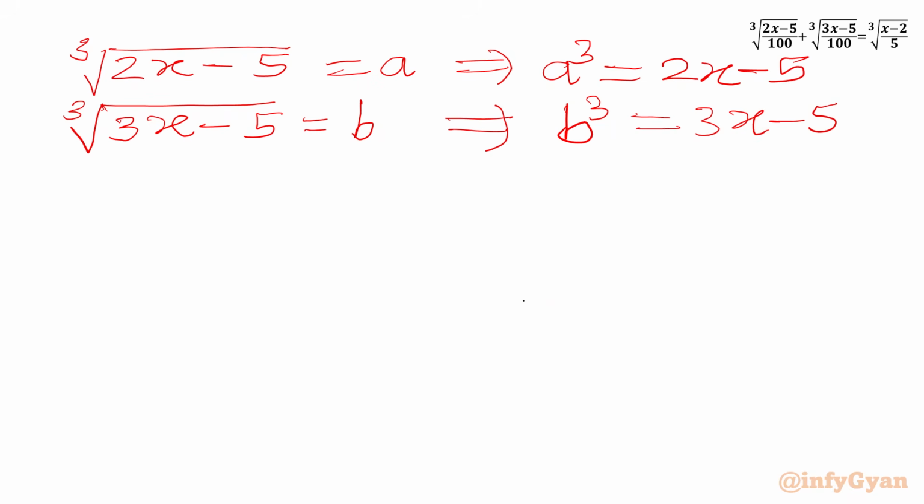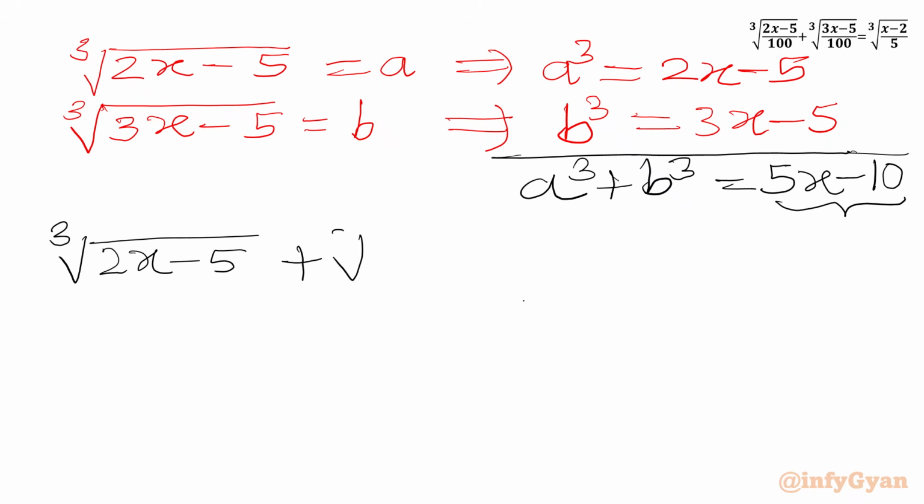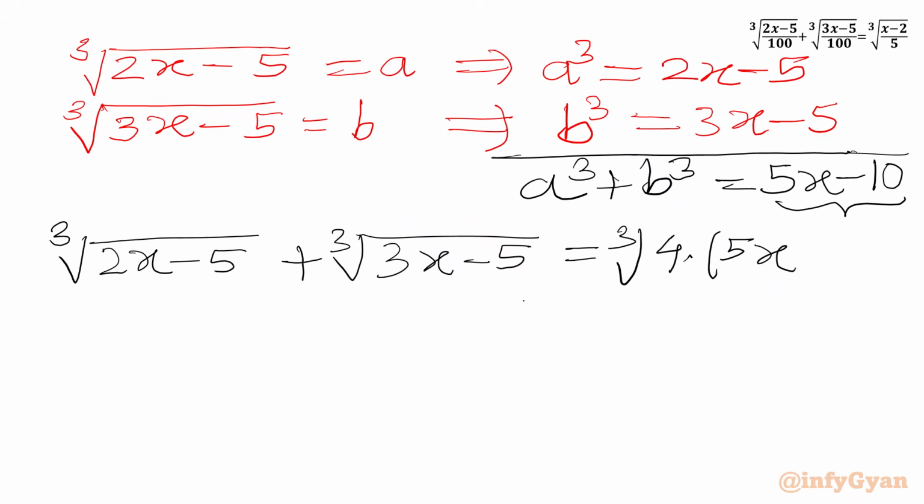Now we have to add both the equations. So we are going to get a cube plus b cube value, which will be equal to 5x minus 10, which is available in right hand side. Let me write equation here, cube root of 2x minus 5 plus cube root of 3x minus 5 equal to cube root of 4 times in the bracket 5x minus 10.